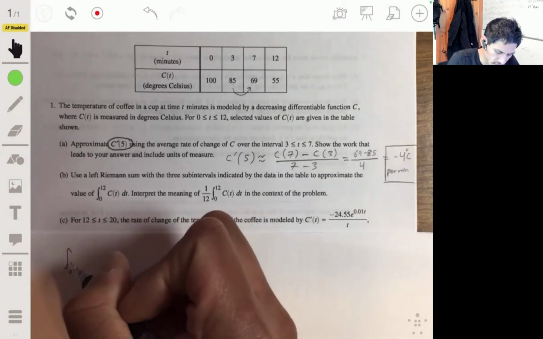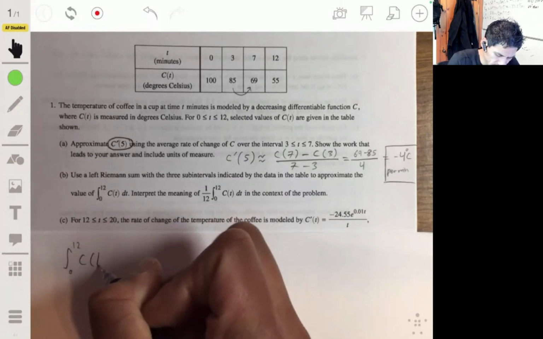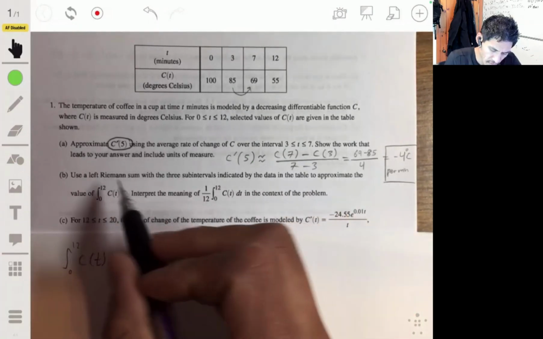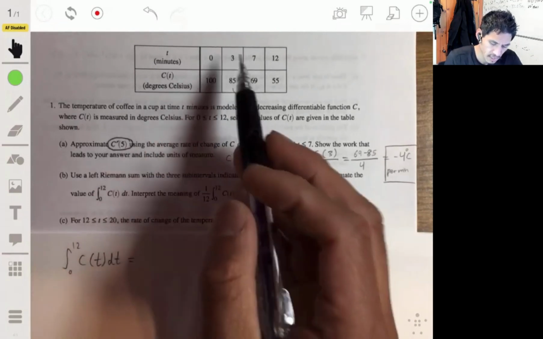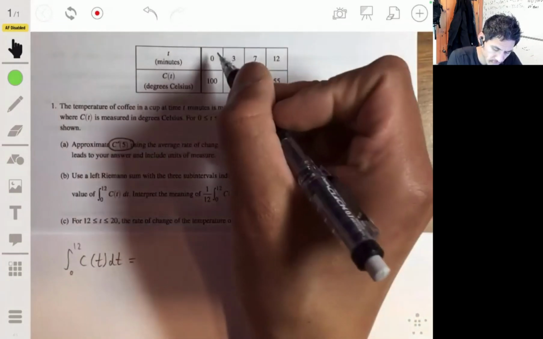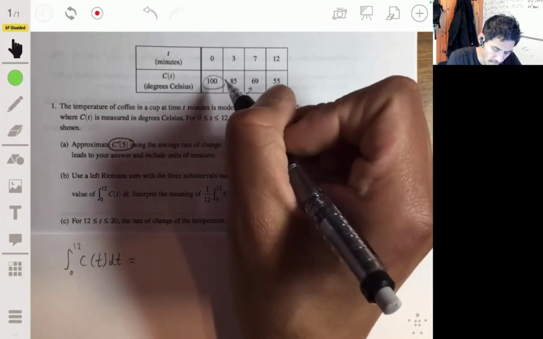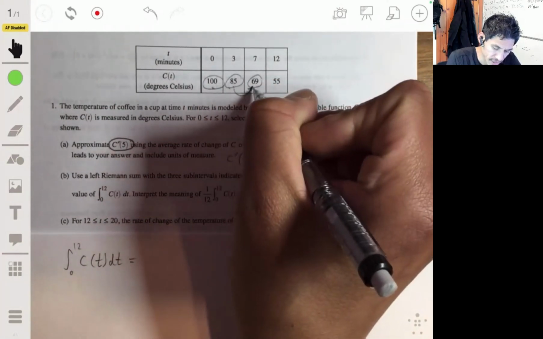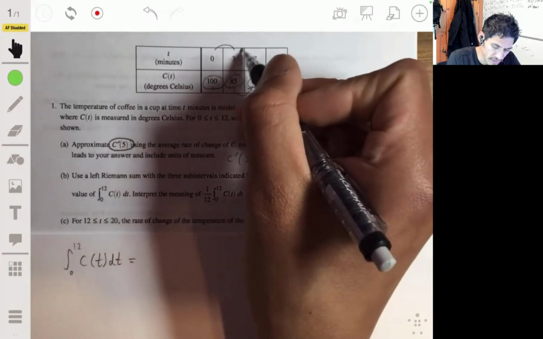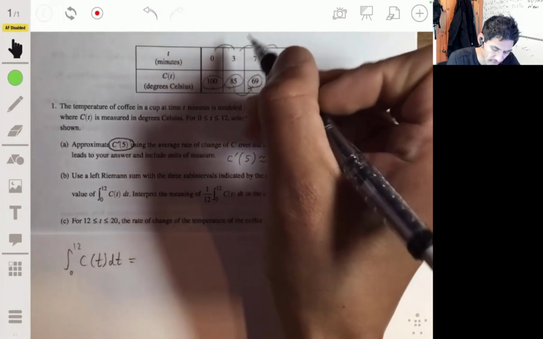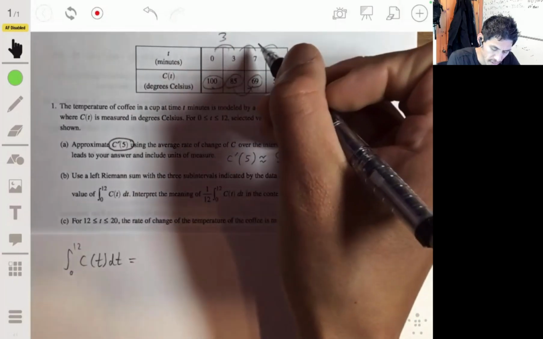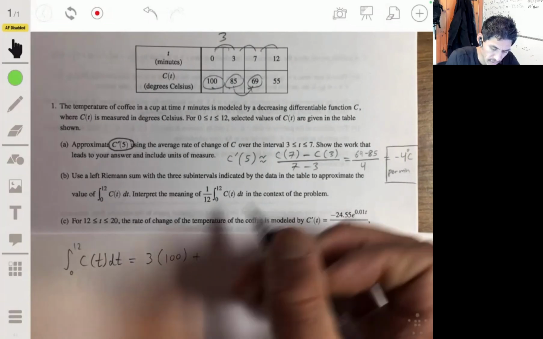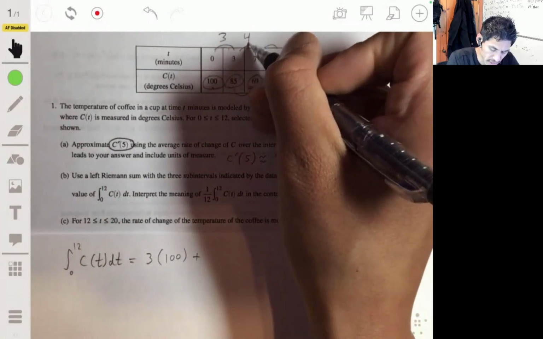So the integral from 0 to 12 of C of t dt, using a left Riemann sum, we're going to use the three values here for these 3 rectangles. So the first rectangle is going to have a width of 3. So it's going to be 3 times 100 plus the second rectangle is going to have a width of 4.